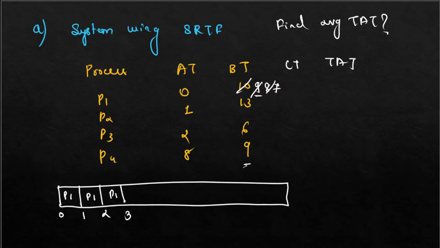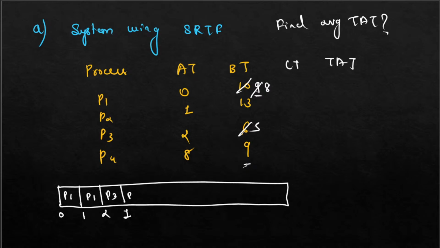Yes, at 2 we made a mistake. At 2, which process is coming? At 2, a burst of 6 is coming, which is less, so P3 will run for 1, so this will be 5.